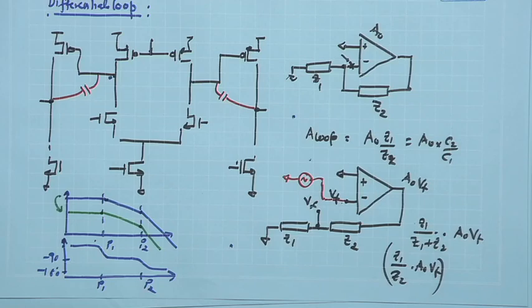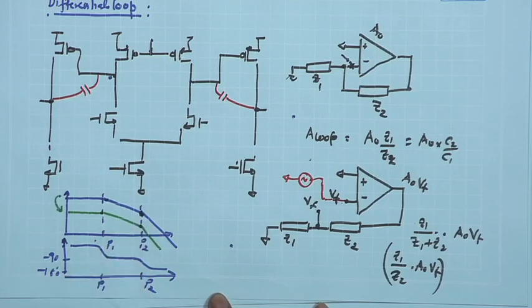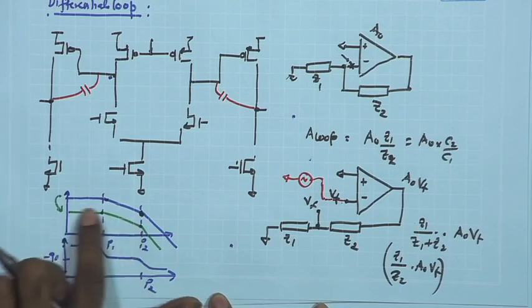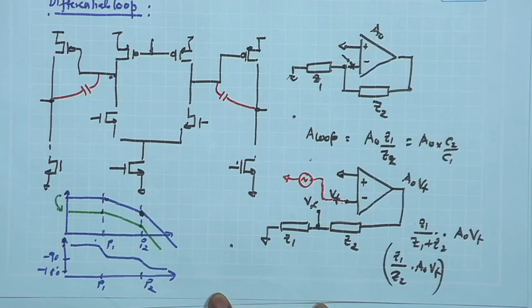And therefore, if I compensate the common mode loop using a CC and make sure that I achieve 0 dB when the frequency reaches P2, the differential mode is overcompensated. For that, the phase margin will be much better.